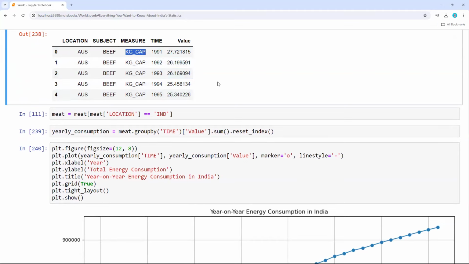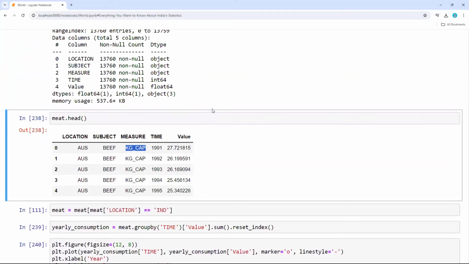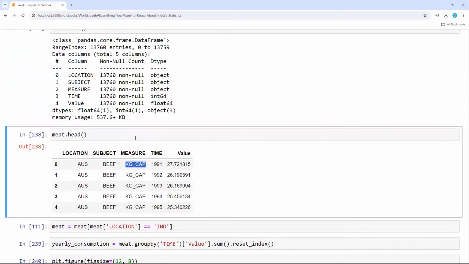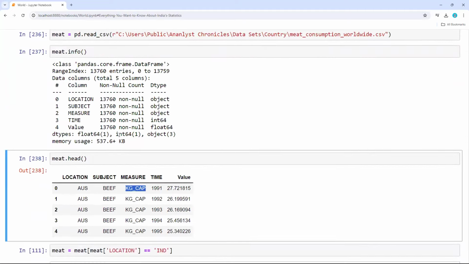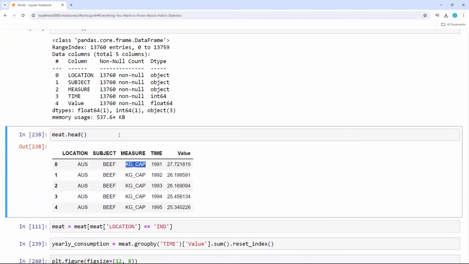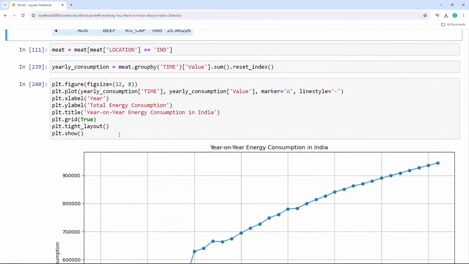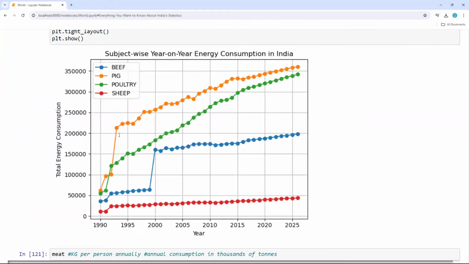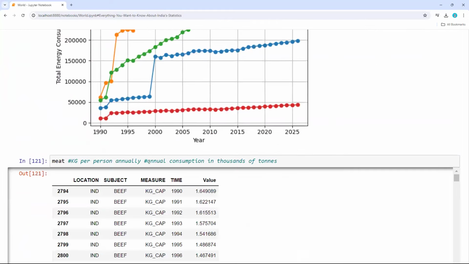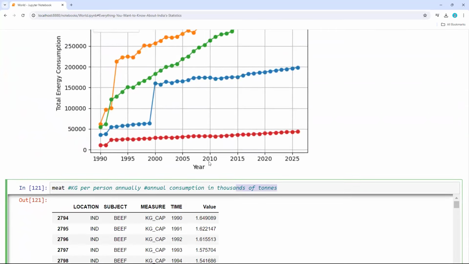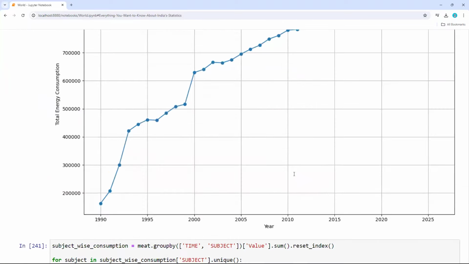I also have another measure, which is annual consumption in thousands of tons. So this is my data set.